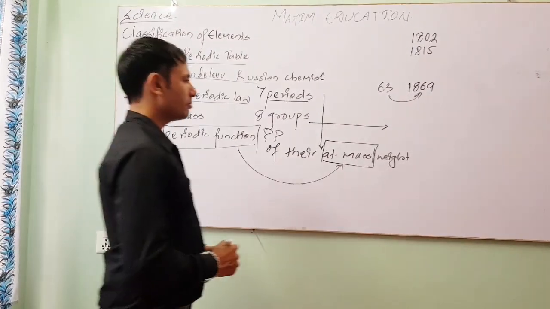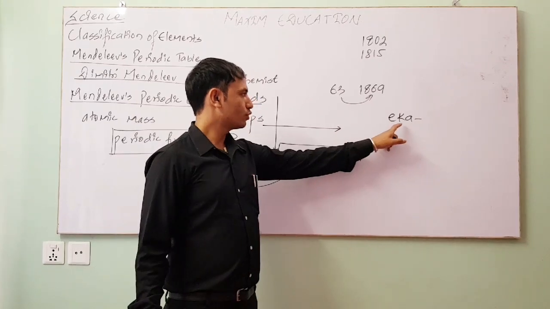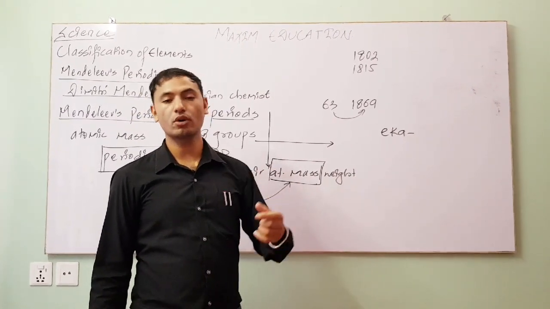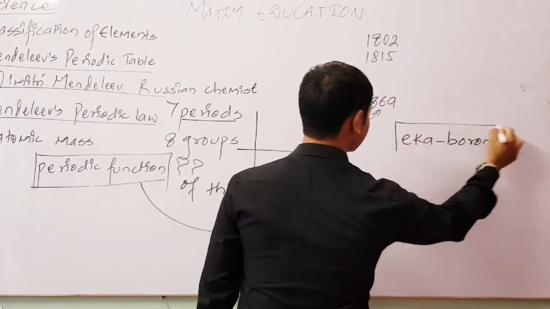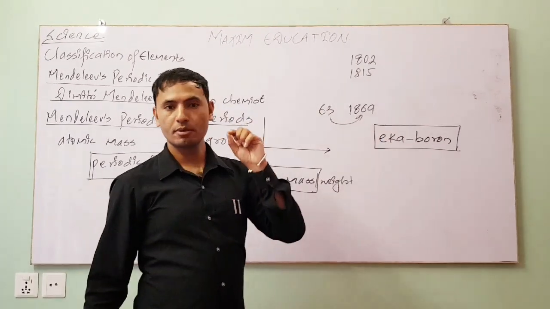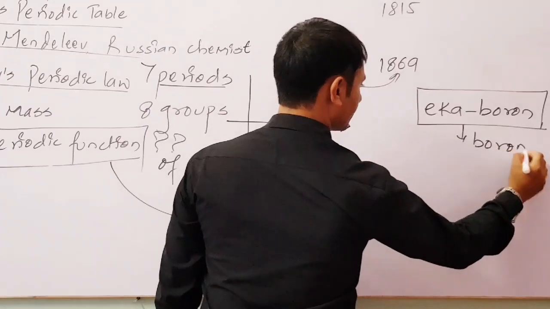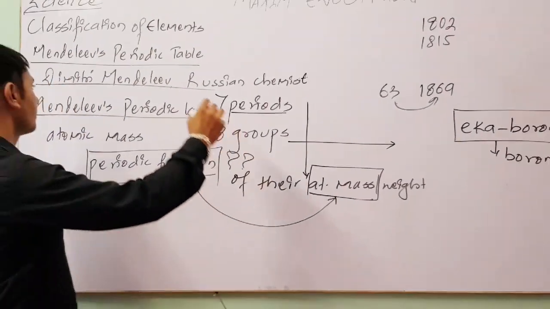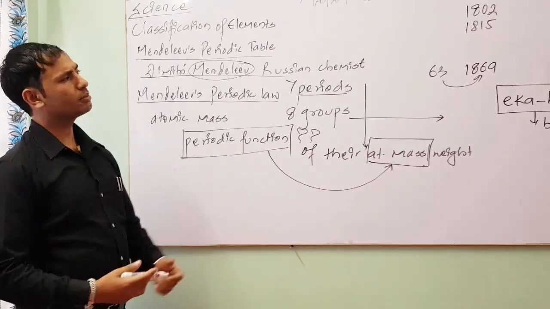He also gave the name Eka to the elements there, because at that time those elements were not known, like Eka boron. Eka boron, written by Mendeleev in his periodic table, is the element which has properties similar to boron. Eka aluminium, Eka silicon were names given by Mendeleev because their names were not known, as he was the only person to formulate the law.